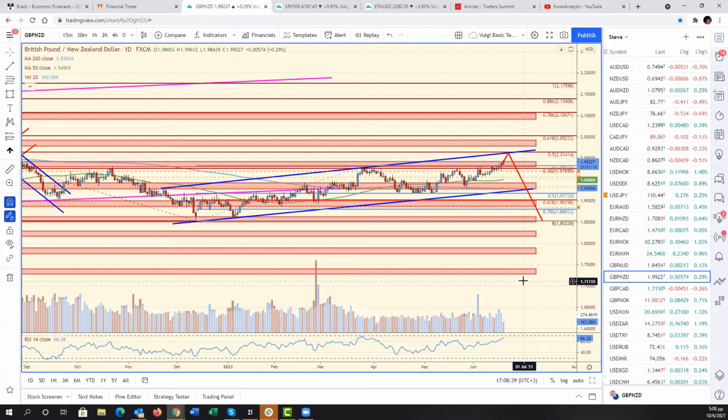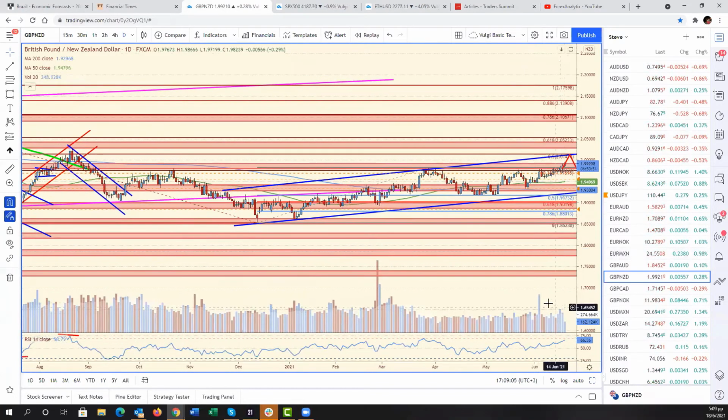There are so many things moving in a very nice, impulsive manner at the moment. Your choice should not be to be long in these crosses, because I do believe that they might find a high much, much sooner than the dollar is going to find a high. Keep that in mind. Or anyhow, they might underperform in any case.